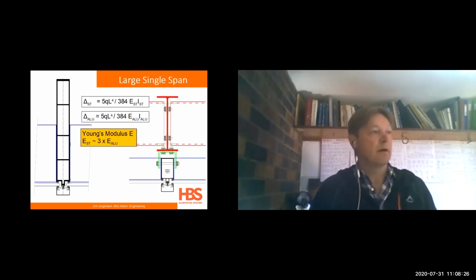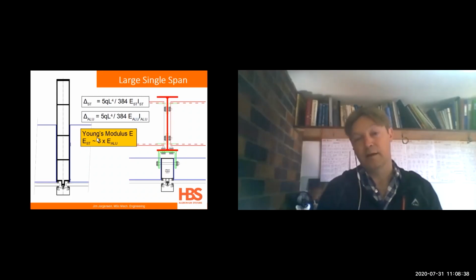So Young's modulus, that's basically what E is. Young's modulus for steel is roughly 3 times higher than that of aluminium.